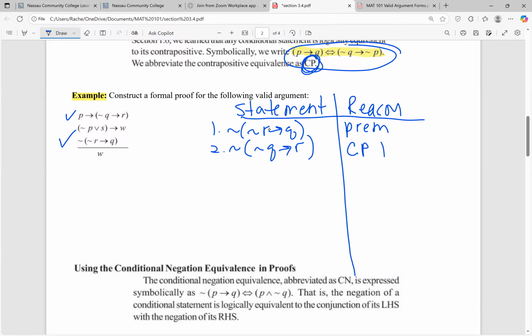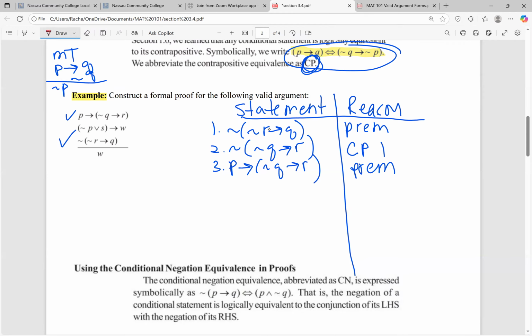Because remember modus tollens, if we have P implies Q and then not Q, the conclusion is going to be not P. So for statement 3, I'm going to state the premise not Q implies R, right? That's that first premise.